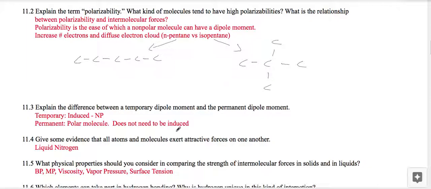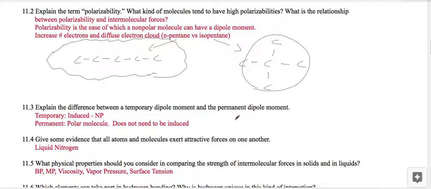Here's isopentane. n-pentane has this long chain of carbons, and because of that, the electron cloud is going to be very diffuse around this thing, where it can be manipulated more, whereas this one is going to be a compact electron cloud and not as diffuse. If we have a more diffuse electron cloud, we have higher intermolecular forces because we have a higher polarizability.